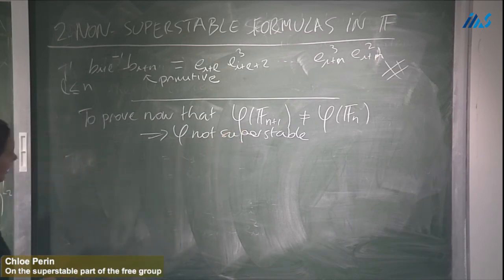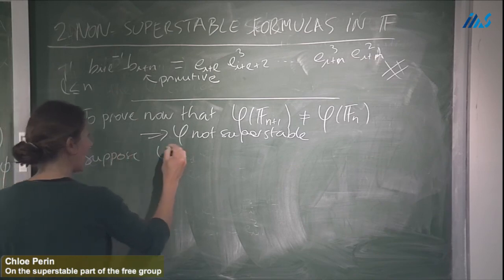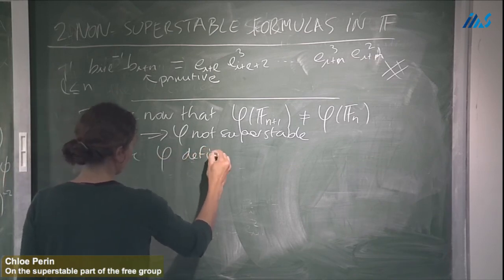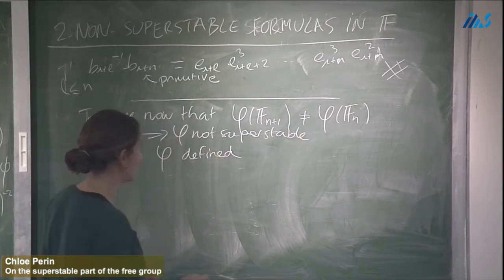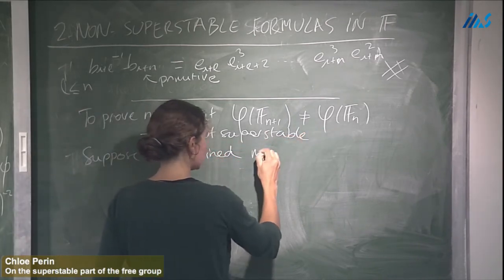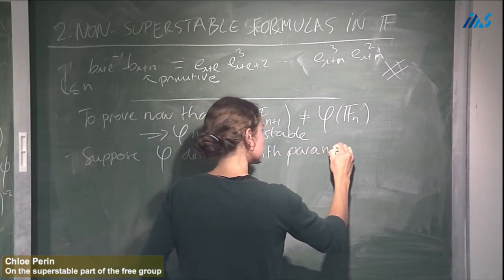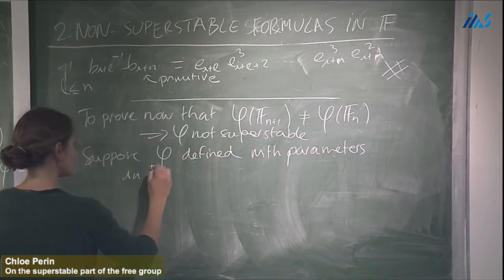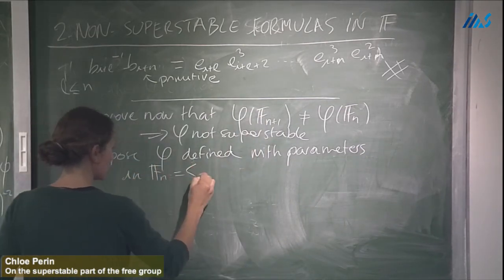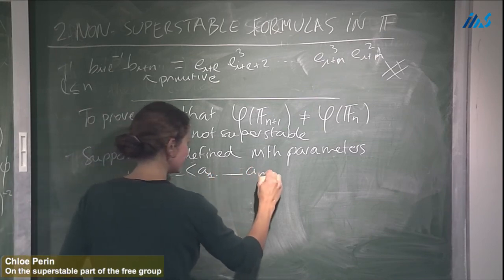Suppose phi is defined over Fn, with parameters in Fn. And this time let me generate Fn with A1 up to An.